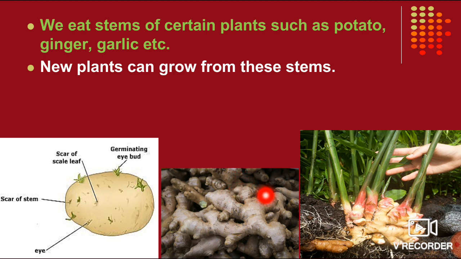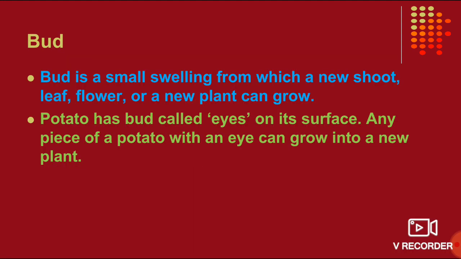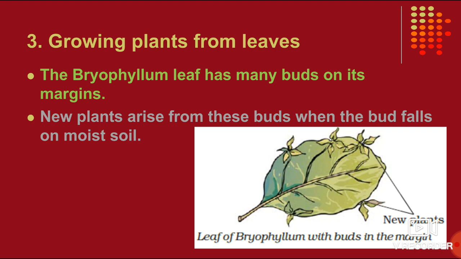Here you can see this ginger growing into a new plant. Ginger, garlic and potato have the capacity to grow into new plants if you plant them into the soil. So you have seen how we get plants from roots, how we get plants from stems, and now the third thing is how we get plants from leaves.